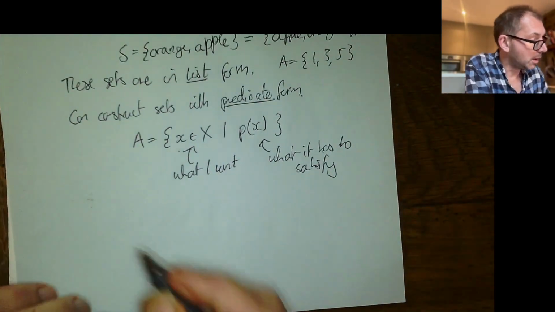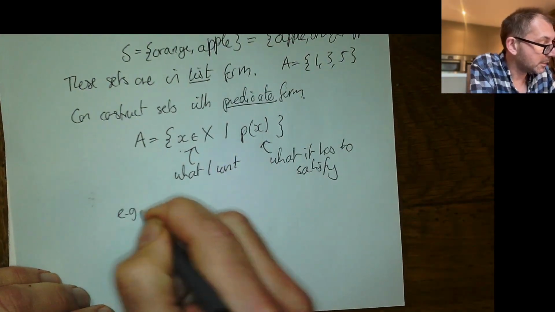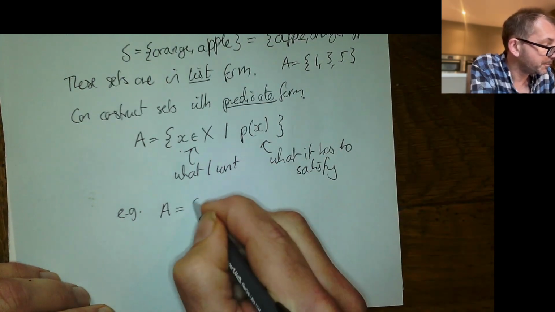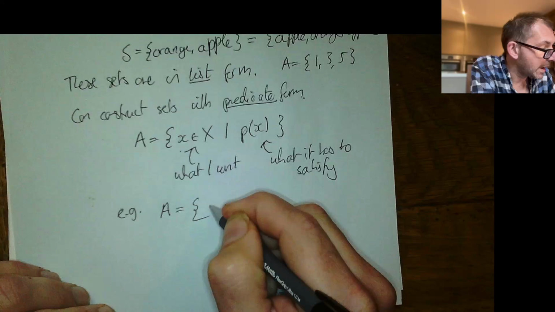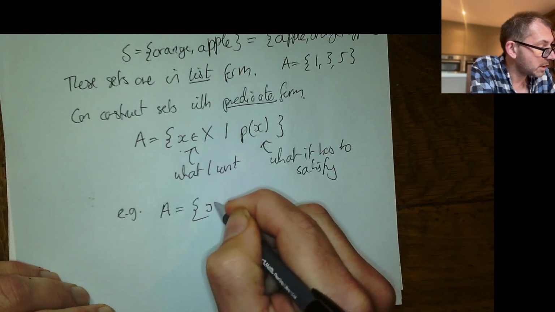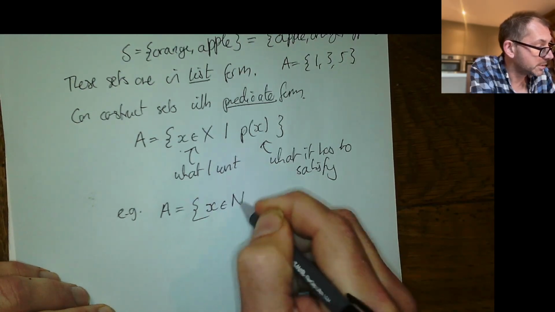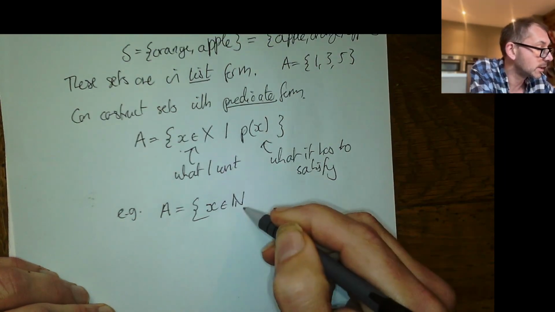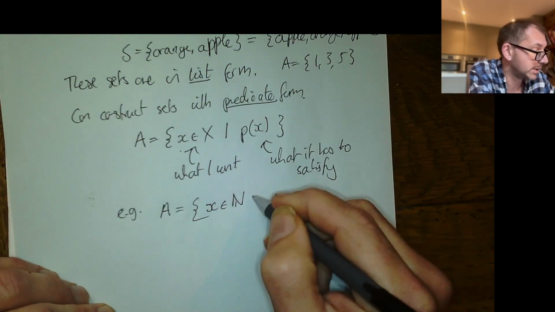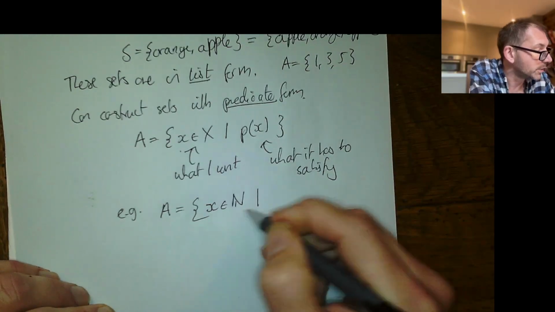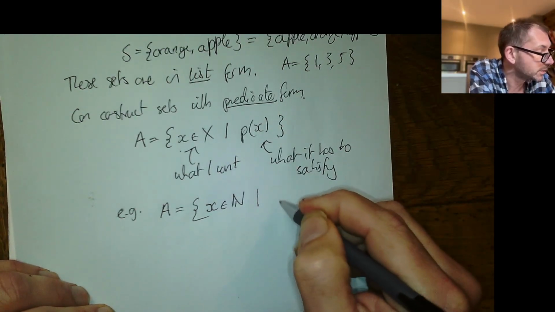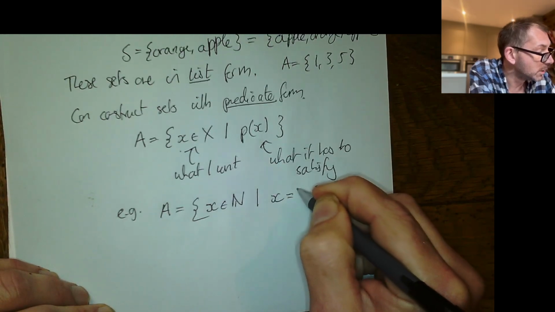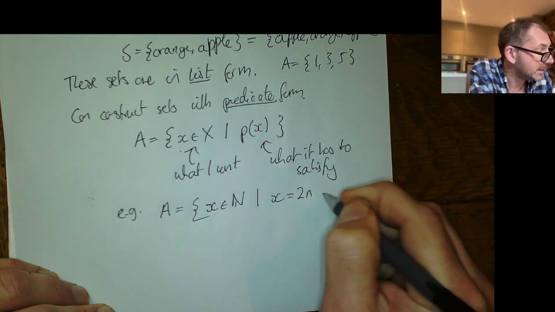So, e.g. for this set here, A is going to be, I want the elements that are natural numbers. So the natural numbers I'll come to in just a second, but they are the counting numbers 1, 2, 3, 4, etc. I want the X in the natural numbers such that X is equal to 2n plus 1.